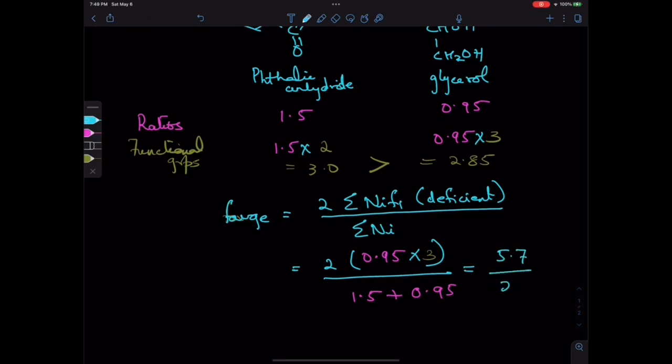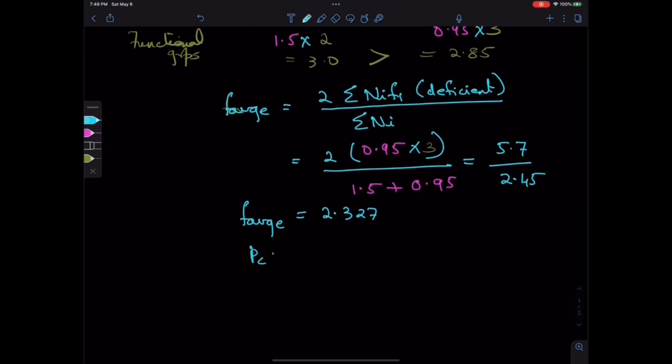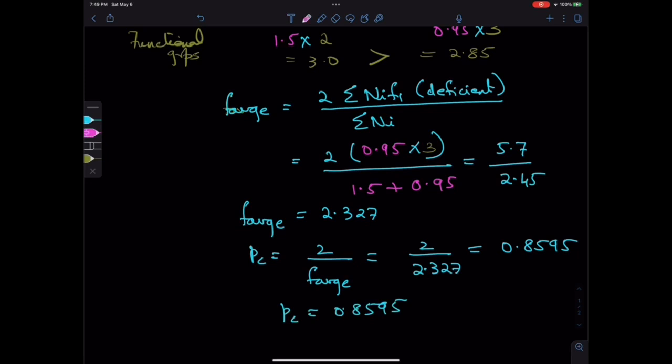Which is 5.7 over 2.45. And so the F average is 2.327. Now plugging this into the Carother's equation, we get 2 over 2.327, which is 0.8595. So note that when the ratio is non-stoichiometric, the value of PC is higher than that for stoichiometric ratio of 0.833.